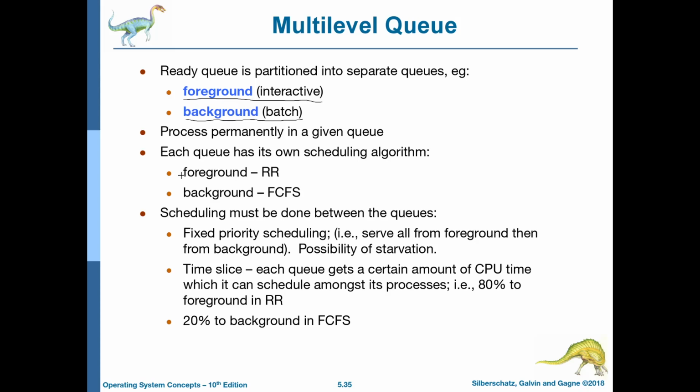Typically, most of these queues will have different scheduling algorithms. Round robin for interactive foreground processes, and then something like first come, first serve as in the background. Sometimes you'll have more than 2 levels to the queue, and you may also have priority-based queues, such as shortest job first or shortest runtime first.